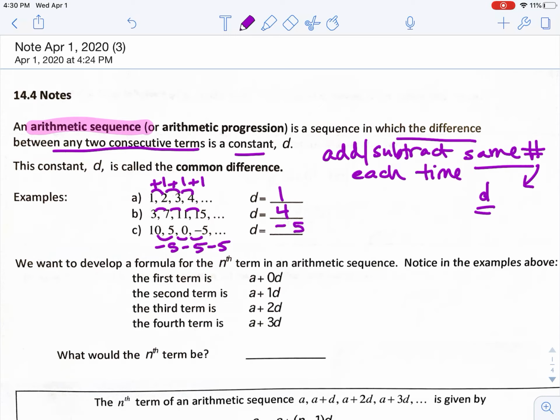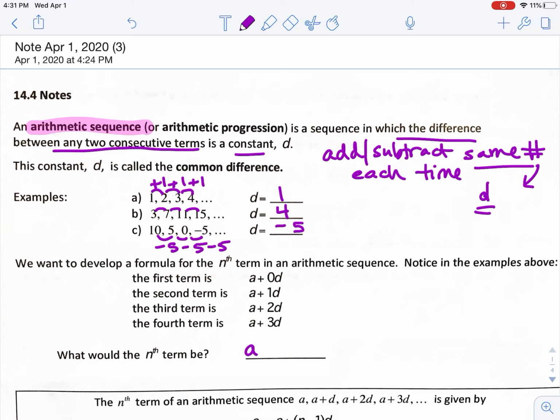So there's a way to develop, and you can see the patterns here. We want a formula for the nth term every single time. So it's always a plus something, right? Where a is your first term, and that's either plus 0 times that difference, or 1 of the differences, or 2 of the differences, or 3 of the differences, right?